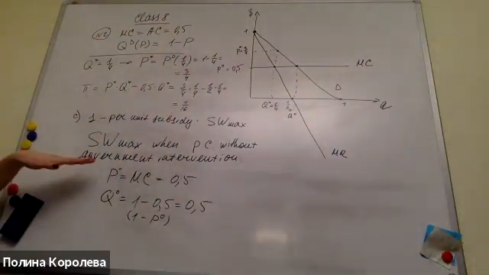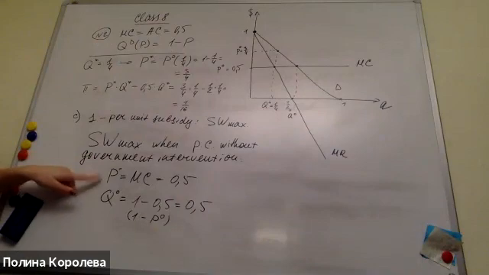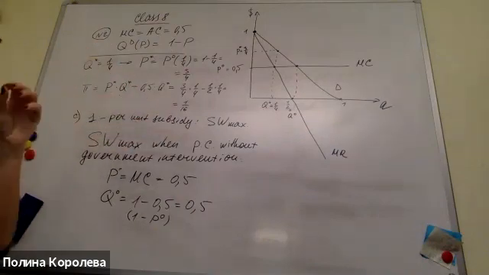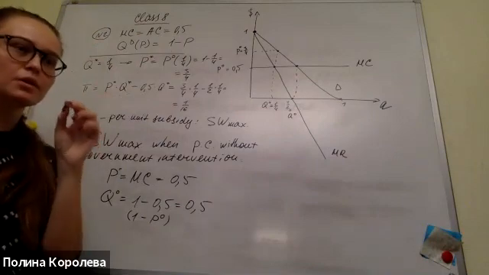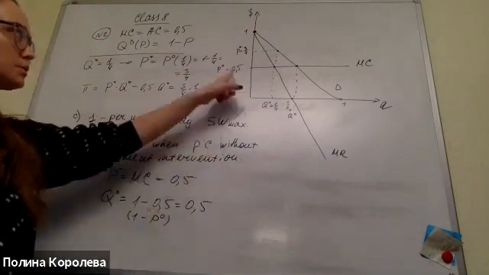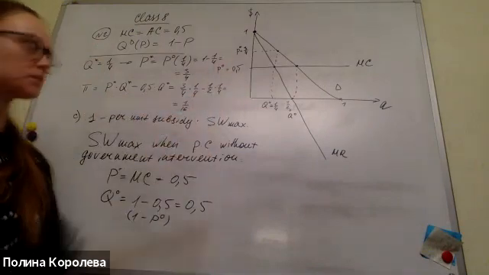So let's see what per unit subsidy our government should give to the monopolist such that the monopolist will want by himself to set the price equal to 0.5 instead of 3/4. We should complete this gap.